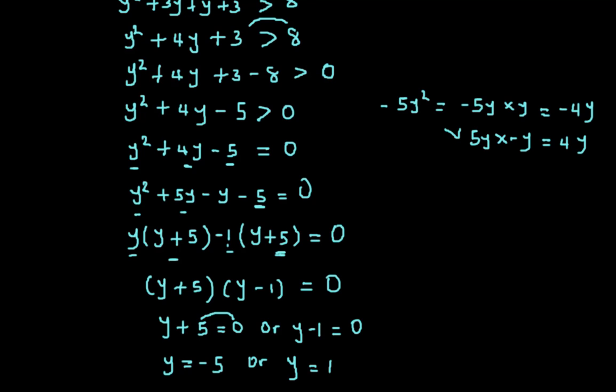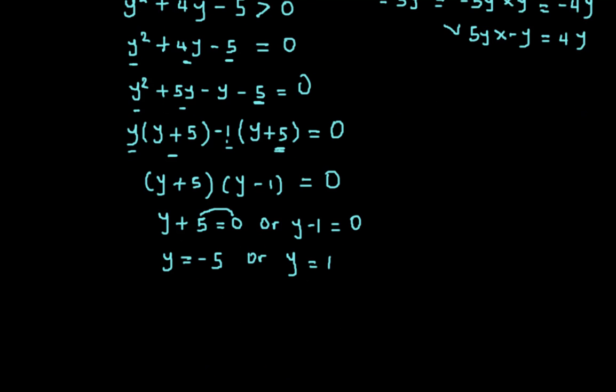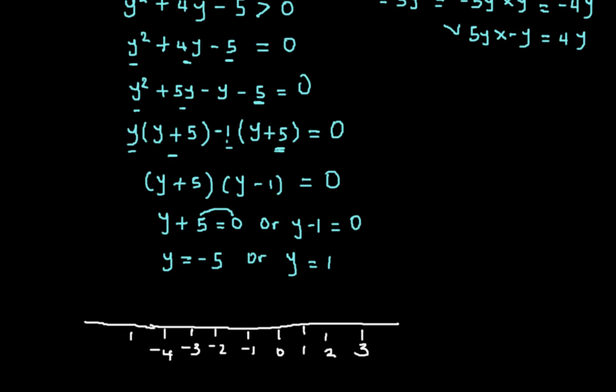I hope you understand. So we go to the second step, which is to represent this on the number line. So let's draw a number line. We have 0, 1, 2, 3, then we can have minus 1, minus 2, minus 3, minus 4, minus 5, and minus 6.